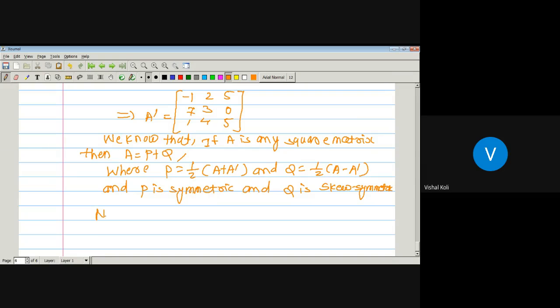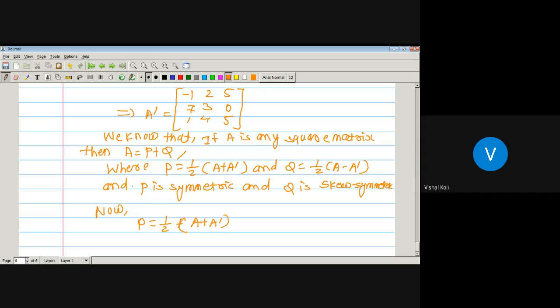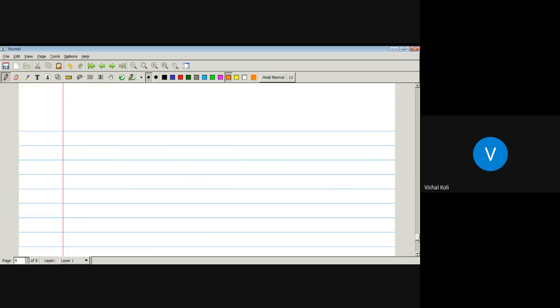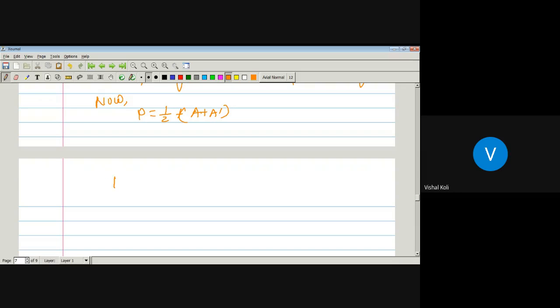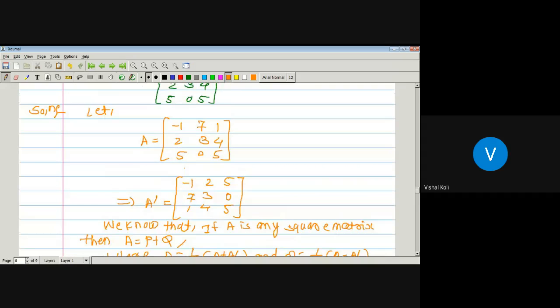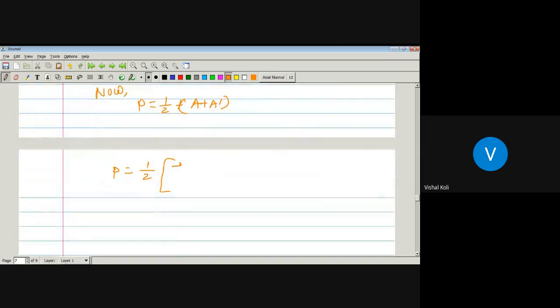Okay, so now P equals 1 upon 2 (A plus A transpose), which implies P can be written as 1 upon 2 times matrix A, which is minus 1, 7, 1; 2, 3, 4; and the last row 5, 0, 5, plus A transpose.